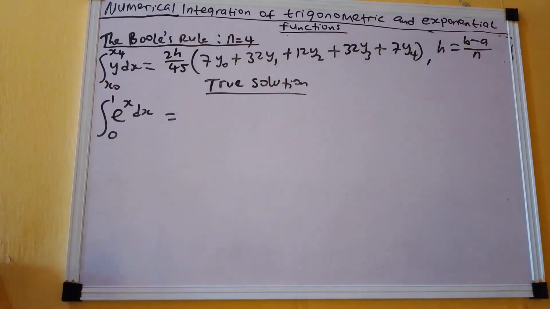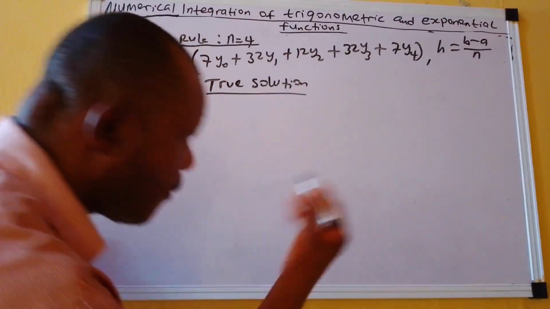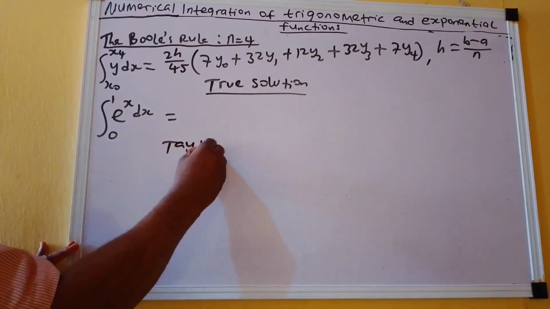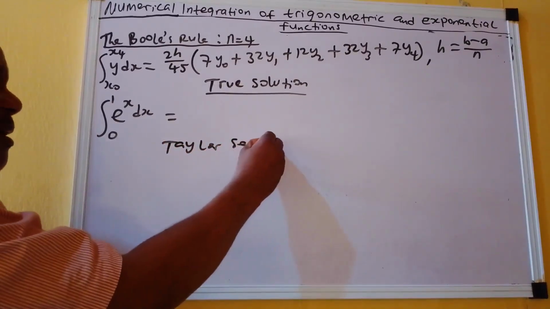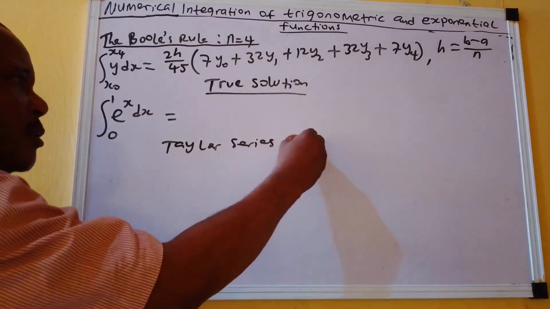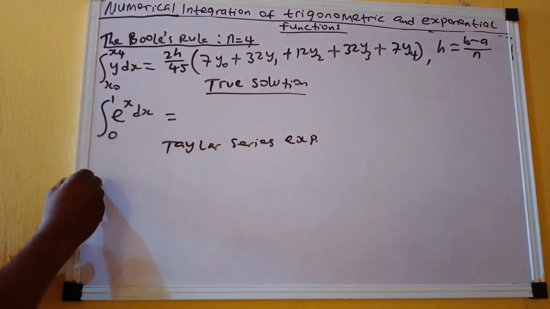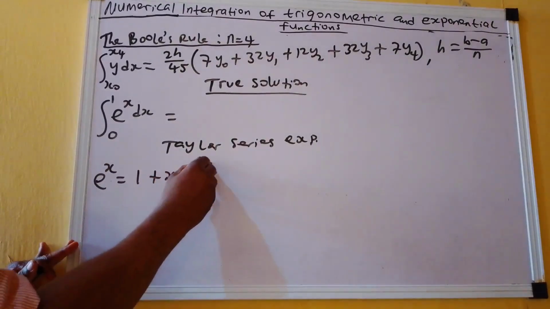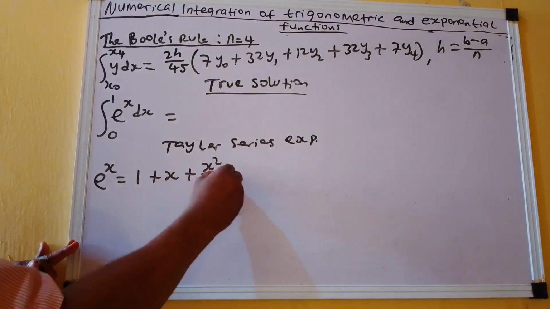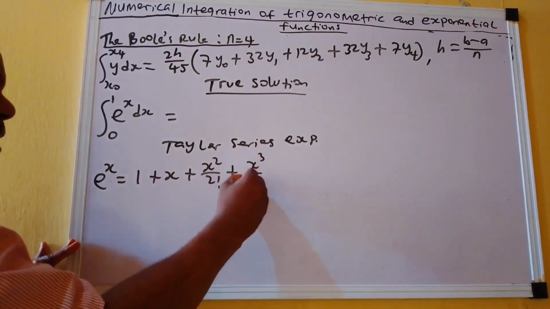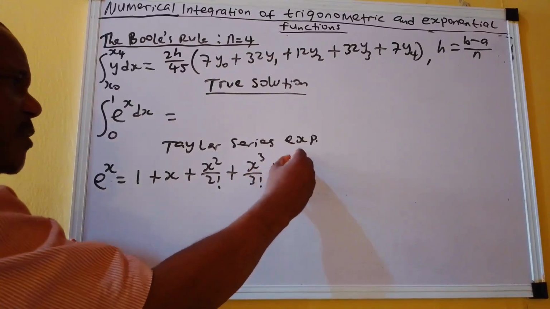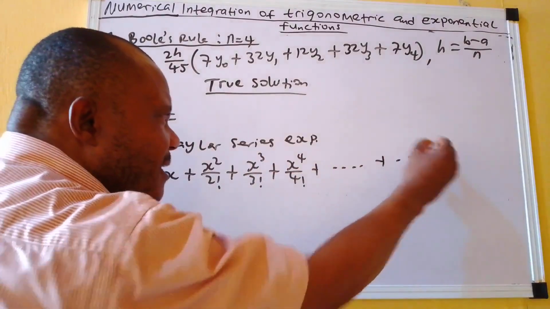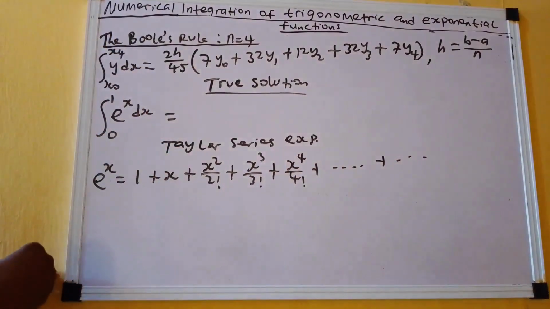Now, let me just prove that to you quickly before we go further. The Taylor series expansion for exponential x is: exponential x is equal to 1 plus x plus x squared over 2 factorial plus x raised to the power 3 over 3 factorial plus x raised to the power 4 over 4 factorial plus, it's an infinite series.